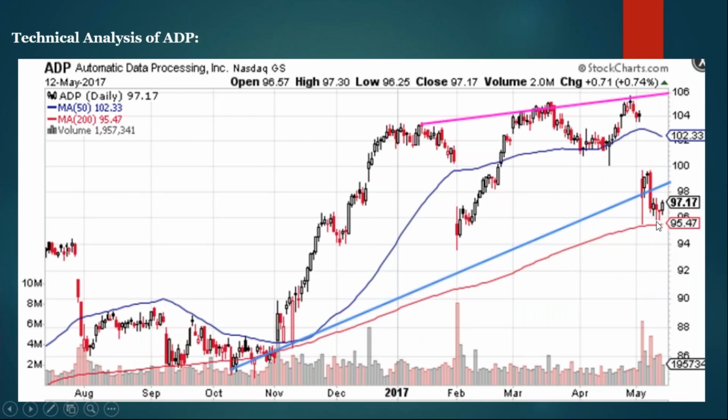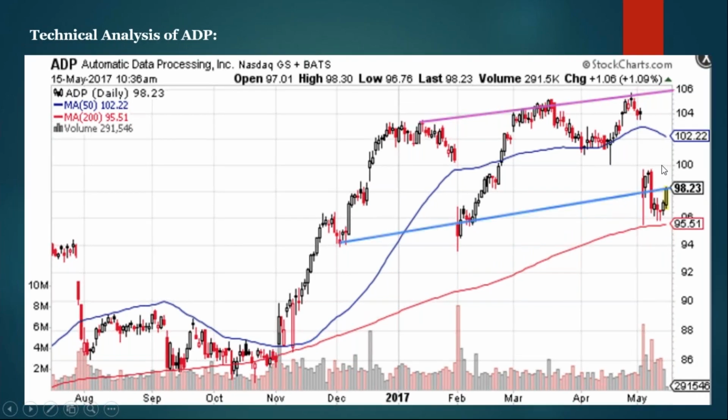It started moving up. So this is another candle after. If it's holding the support at the 200-day, this is the first resistance. So it can go to 98, and if it breaks this, it can come here. So it hit 98.23 today.